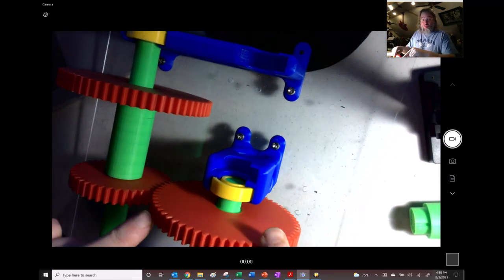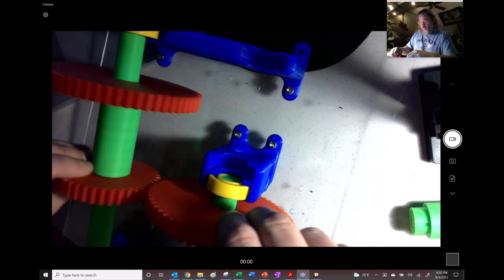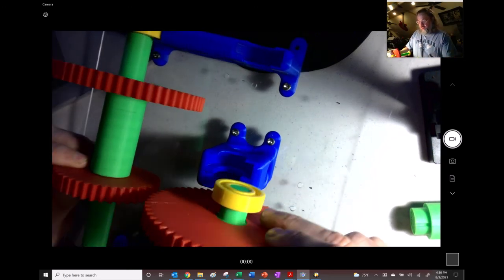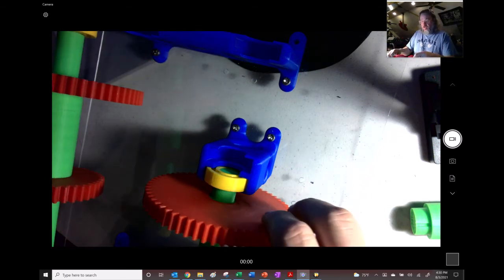If this one is being pushed down right here by this gear, this one is pushing this gear down, so there's going to be a downward force. Moving that out of the way, this gear right here is pushing this guy down, and that's going to make this guy turn that way right there.